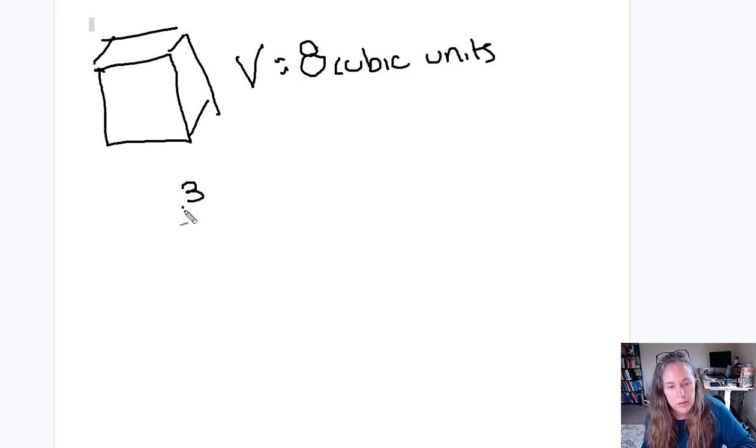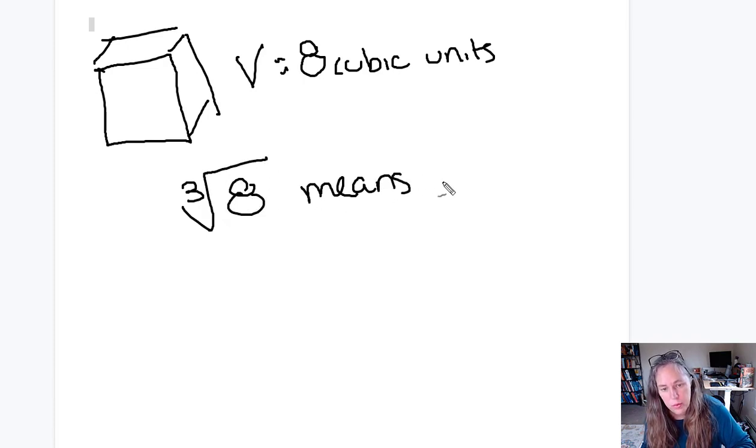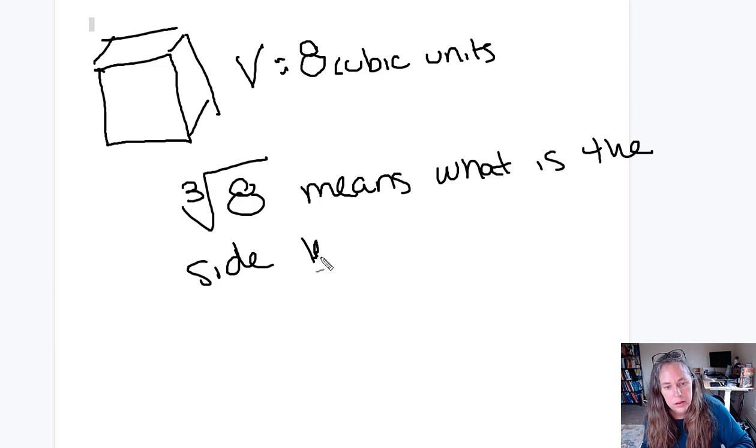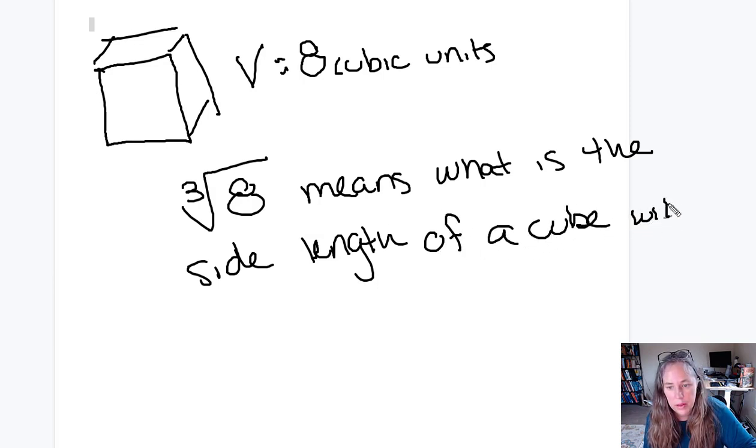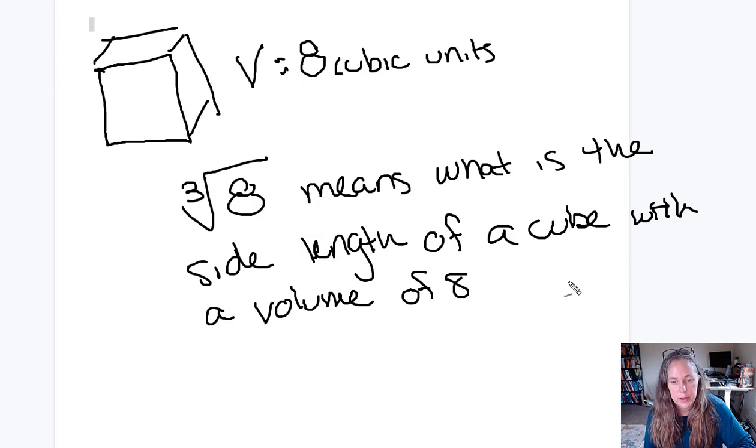If you have this, it means what is the side length of a cube with a volume of 8? Okay. So the number times itself 3 times.